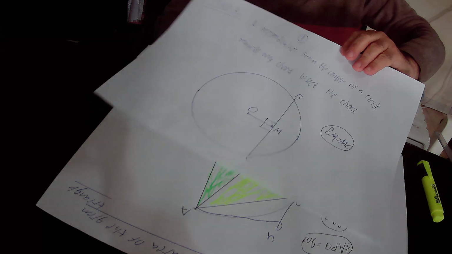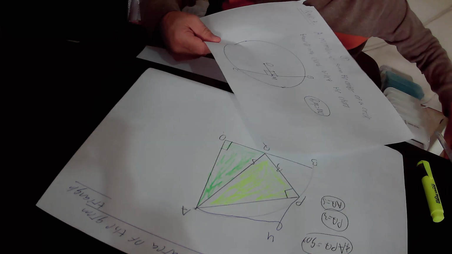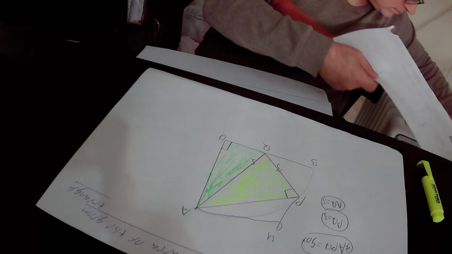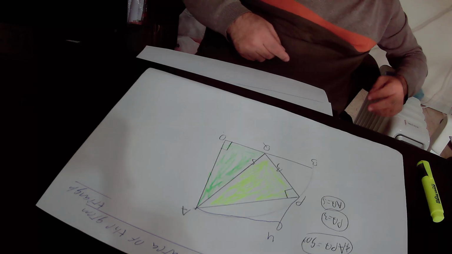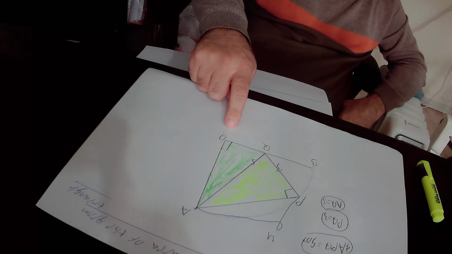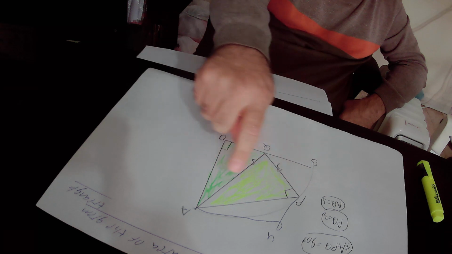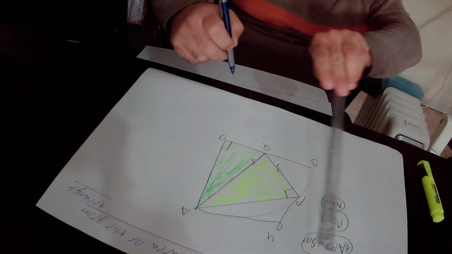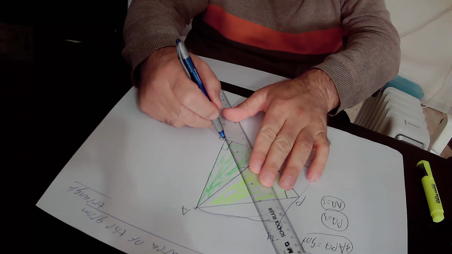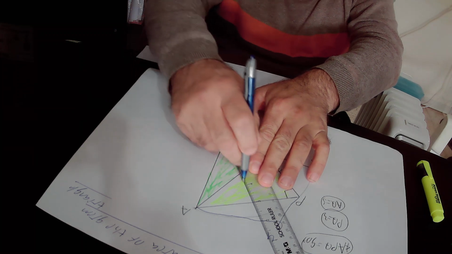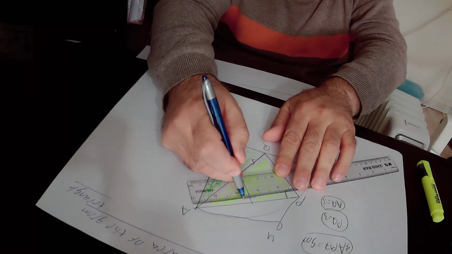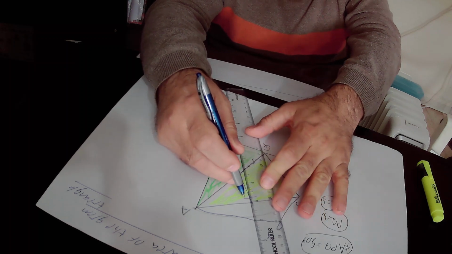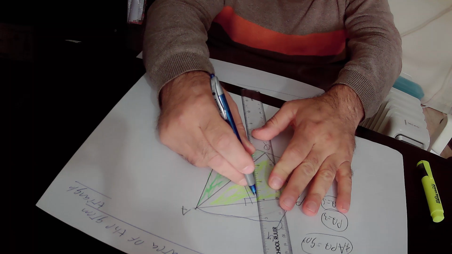We can implement rule number 2 in our drawing. From the center of the circle, that is to say from point O, we will draw a perpendicular on chord PA. So this angle equals 90 degrees, and this angle is also equal to 90 degrees according to our construction.